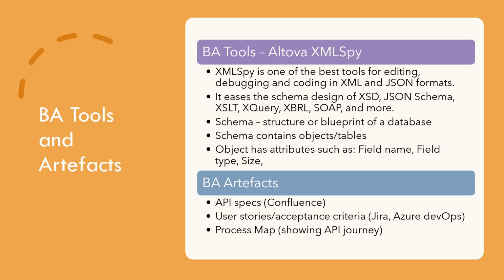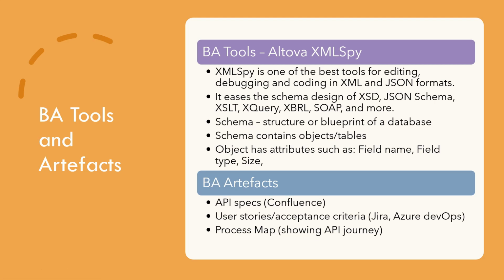Okay. So what you do when you receive those schemas is you load them in XML Spy. XML Spy will help you to validate those codes to see if there are errors. You know, sometimes when they are writing these codes, there could be errors. So when you receive that schema, you will load it in XML Spy, and you'll be able to identify and validate whether there is an error or not.